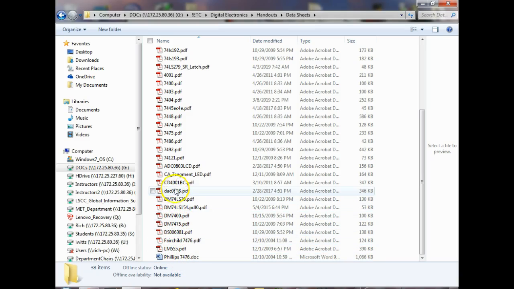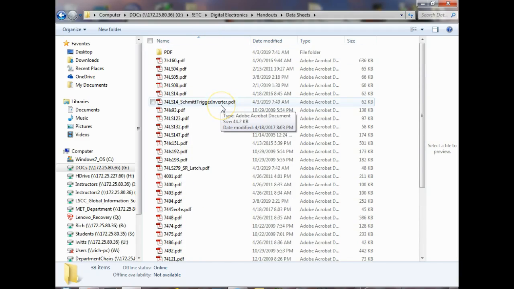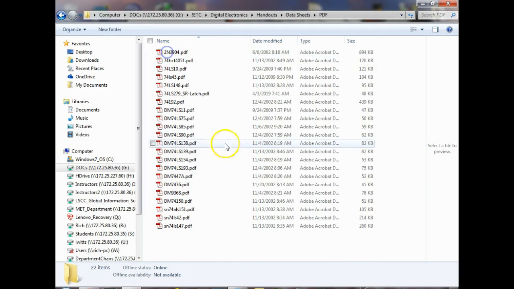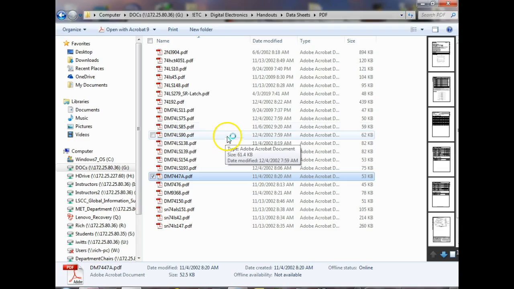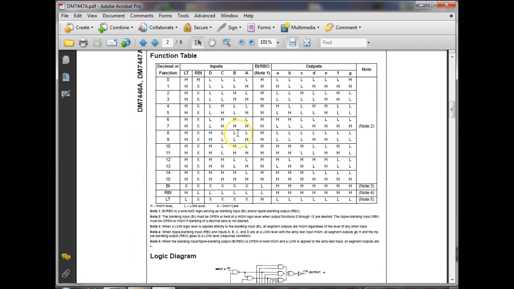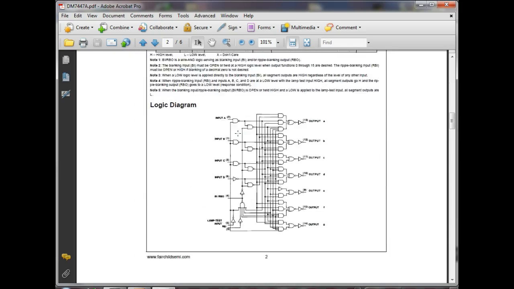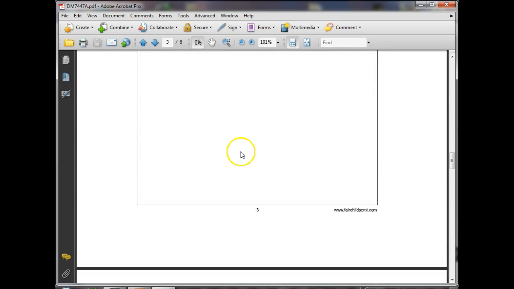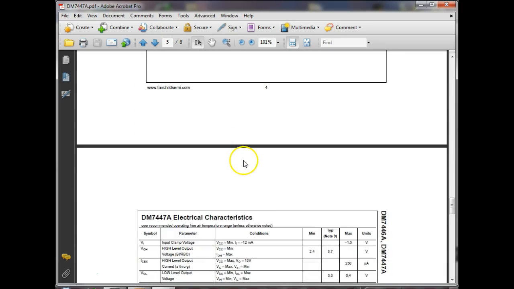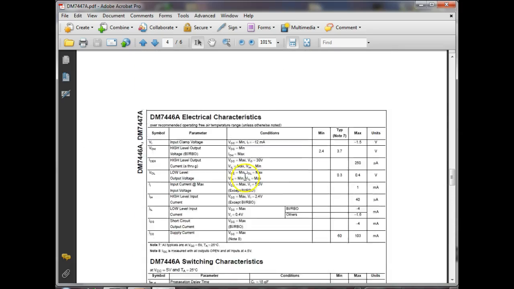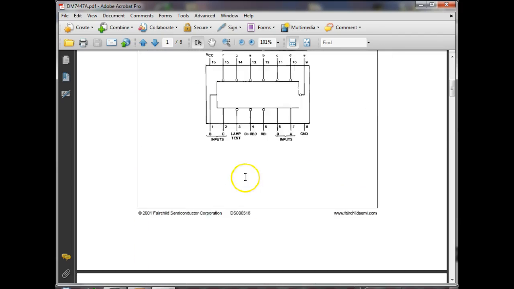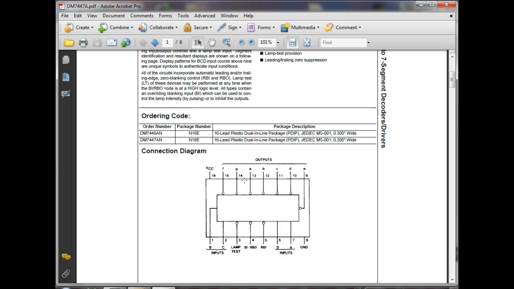7447. Here we go. So lamp test, if we bring this low, it turns on all the segments, right?